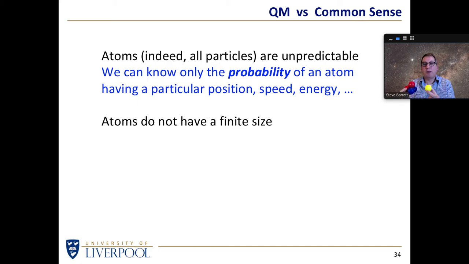It doesn't have to be just a fraction of a nanometer away. We can ask, what is the probability that the electron is a micron away or a millimeter away? What's the probability that the electron is 1 meter away from the nucleus? We can calculate that. What's the probability that the electron is 10 meters away? A kilometer? 1,000 kilometers? What's the probability that this electron distance to the nucleus is actually a couple of light years?